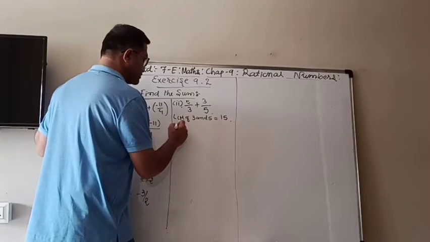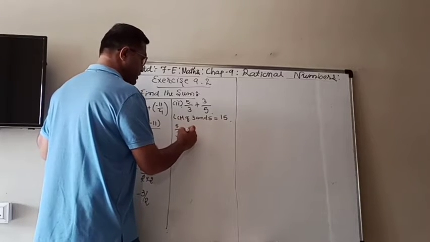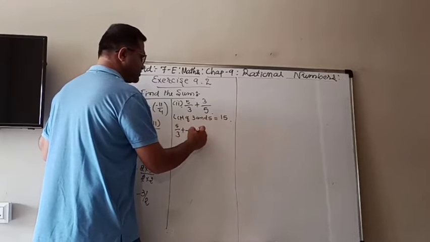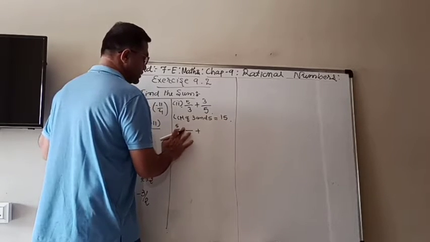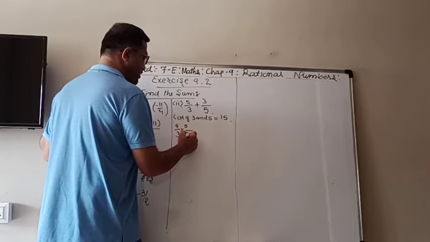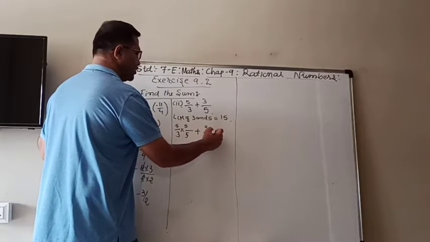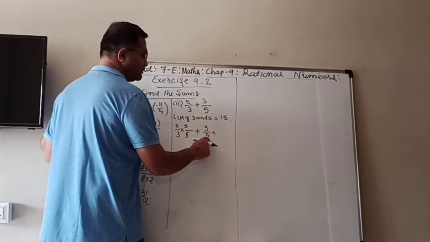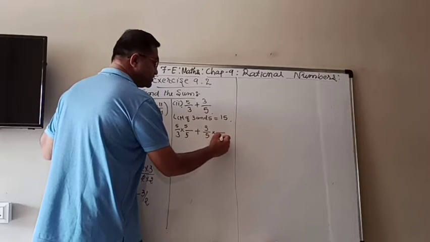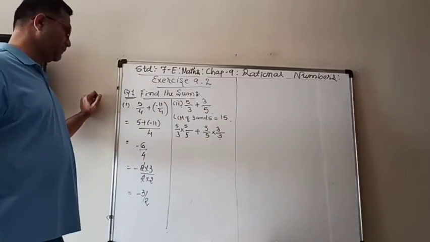So now 5 upon 3 plus, we have to multiply with a number such that the denominator is 15. So multiplied by 5, 3 5s are 15, so 5 upon 5, and 3 upon 5 also must be multiplied with something so that the denominator becomes 15. 5 3s are 15, so we multiply by 3 upon 3.